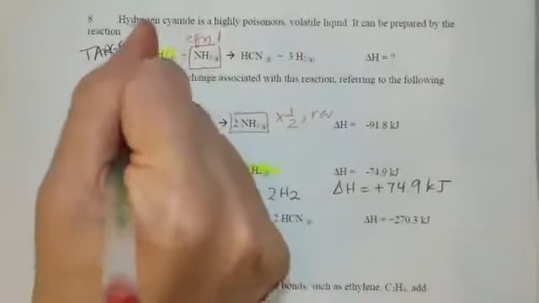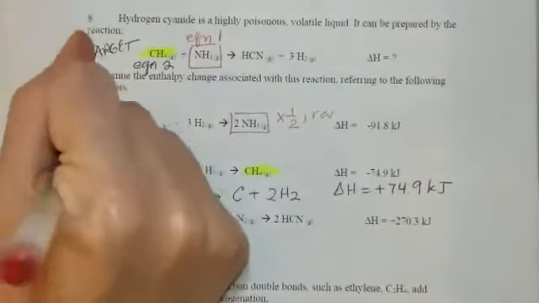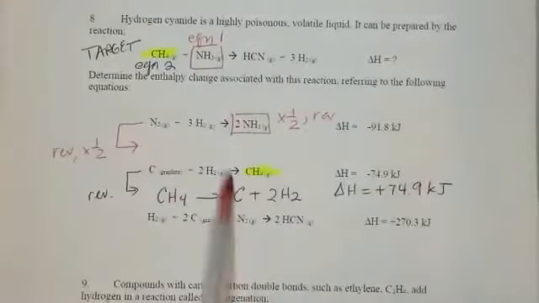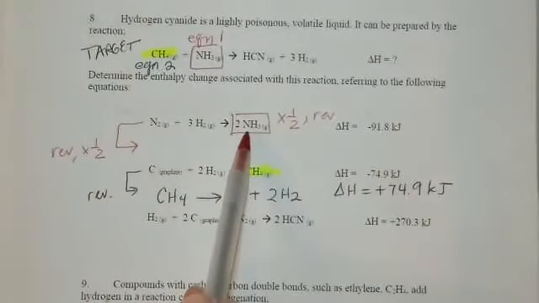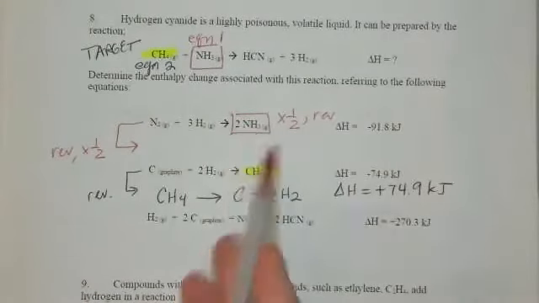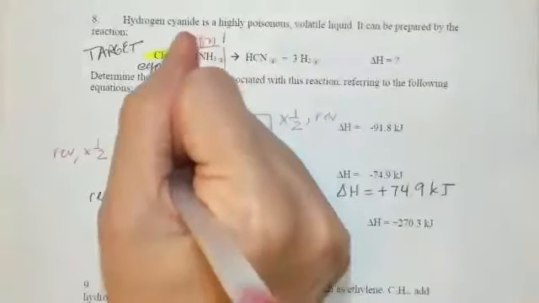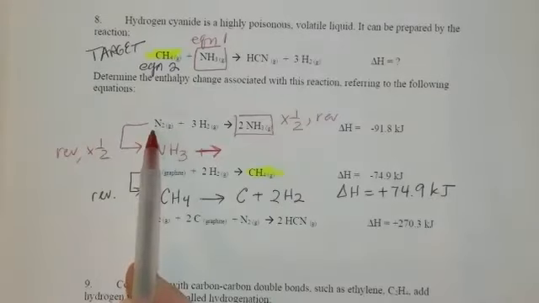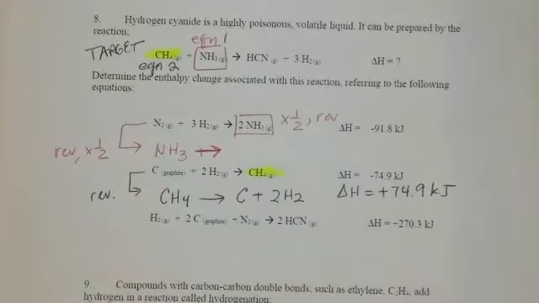So when I do that, reverse, multiply by a half, the product becomes the reactant, but instead of 2, it'll turn into 1. So NH3, not plus, it goes to an arrow. That's the only reactant we have, right? So that product became the reactant. These two reactants become the products. Instead of 1 nitrogen, it's going to become a half, right?